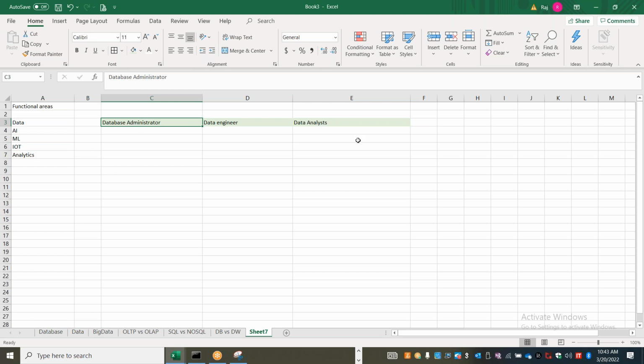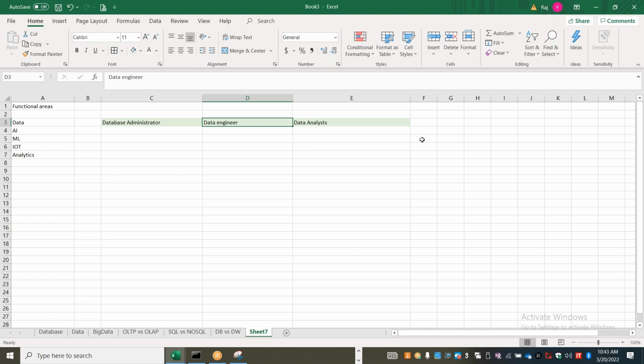Other people will be using tools like Python, HiveQL or R to program and query the data, and tools for manipulating the data. Their roles and responsibilities are completely different, but they are all dealing with data. That is the only common thing between these people.